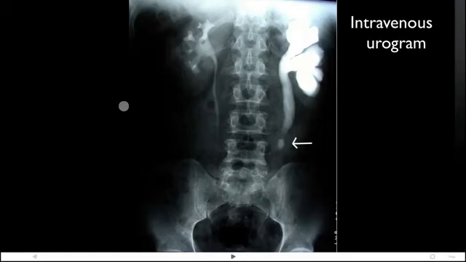If shown a film that has this appearance of contrast within the distribution of kidneys, ureters and bladder, it is important to ask for a control film with which to compare it.